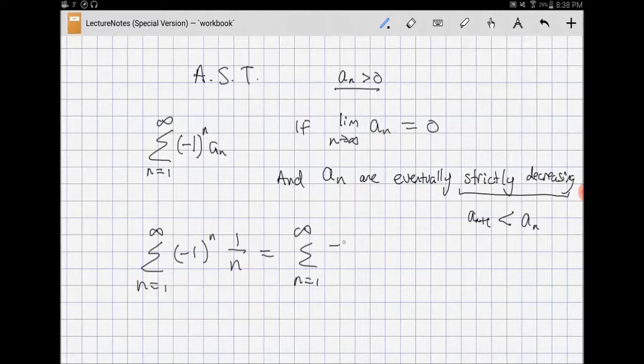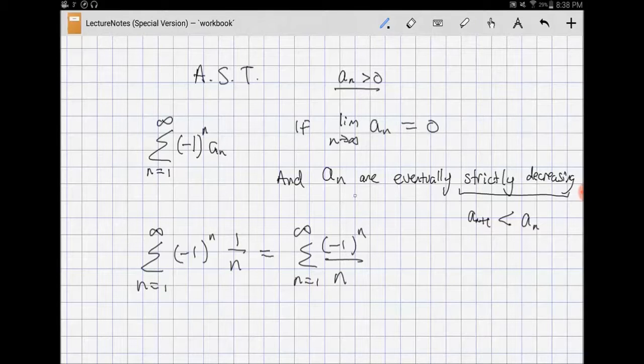In this particular series, a_n is greater than 0 for values of n from 1 to infinity, the limit as n goes to infinity of a_n does equal 0, and a_n is actually strictly decreasing.